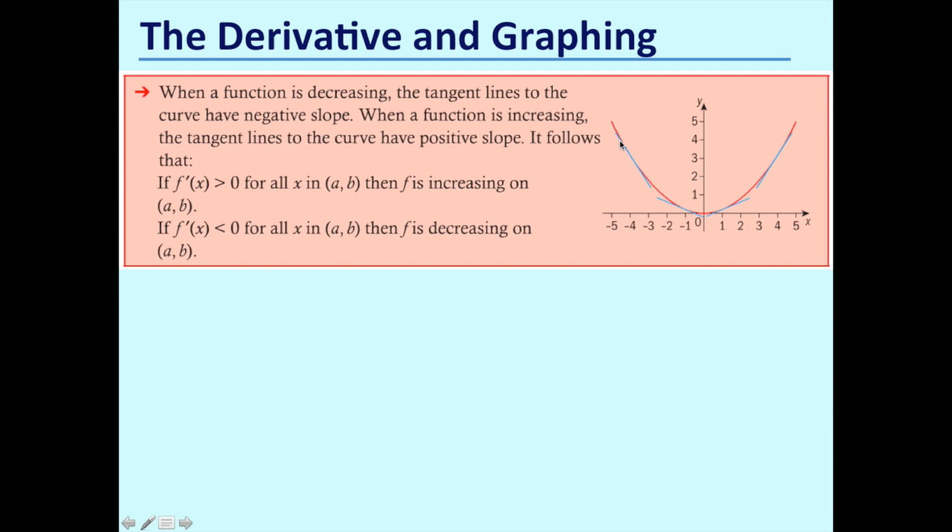So where our derivative has a negative value, we would say that in this interval here between -5 and 0 it is decreasing, and here in this interval between 0 and 5 it is increasing. Where the gradient changes from decreasing to increasing like it does here, we would have a minimum point, and similarly where it changes from positive or increasing to decreasing, we would have a maximum point.